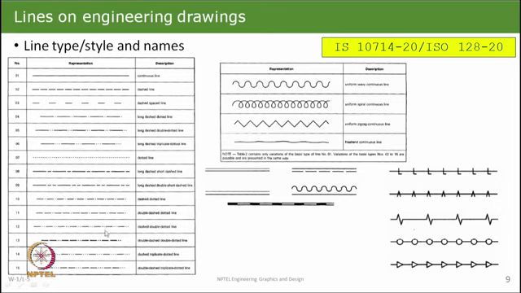So, like this you have a whole variety of lines which can be used, and as you go through the examples, each one of them actually maps to a particular meaning. Then here it says that you can even use these types of lines. This looks like a spring, this is a zigzag, this is just a freehand line.